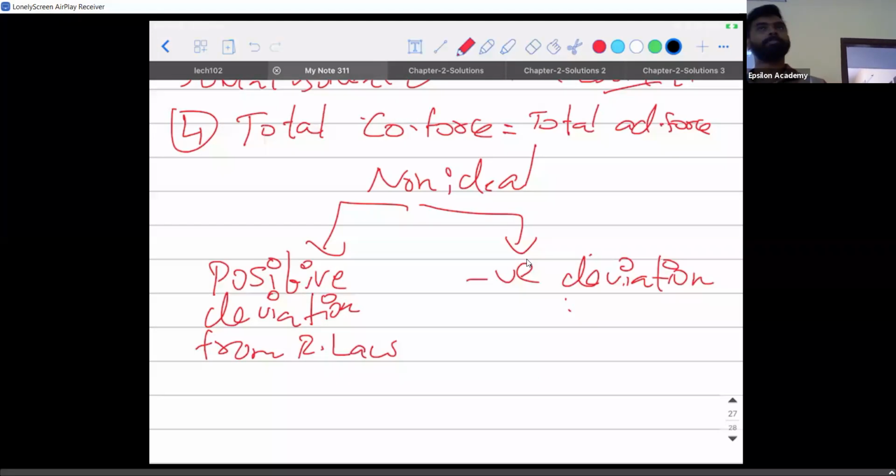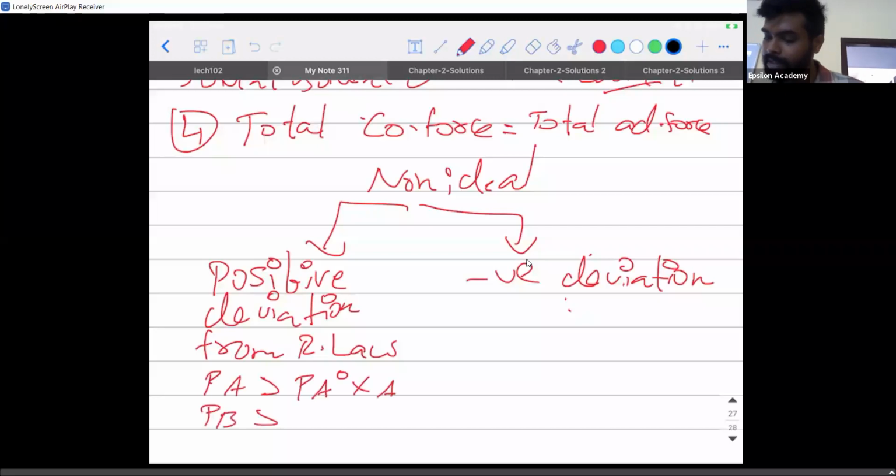Now, very simple, guys. If I look at the Raoult's law equation, we know three equations. Now, instead of an equal to sign, if I put a greater than sign: PA is greater than PA naught XA, PB is greater than PB naught XB, and P total is greater than PA plus PB.